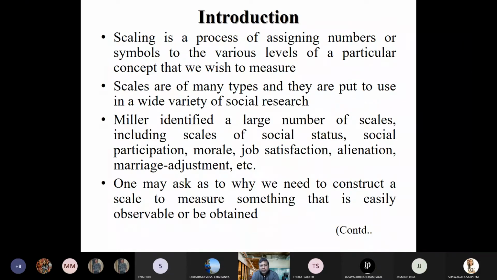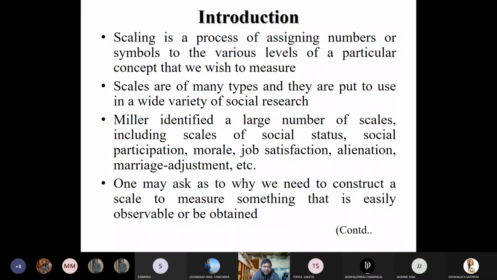Then we analyze what percentage of people fall under each scaling. Sometimes we also use it for perception, satisfaction level, and participation levels. All these levels we calculate in the process of scaling.